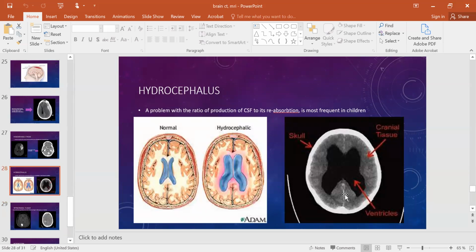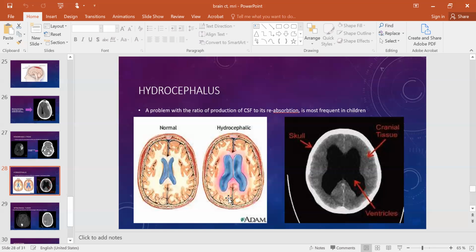Hydrocephalus. What is hydrocephalus? It is when there is a problem with the balance between production of cerebrospinal fluid and its reabsorption, and it is most frequent in children. So normally lateral ventricles should appear this size, and in a hydrocephalic abnormal situation, we see enlarged lateral ventricles.